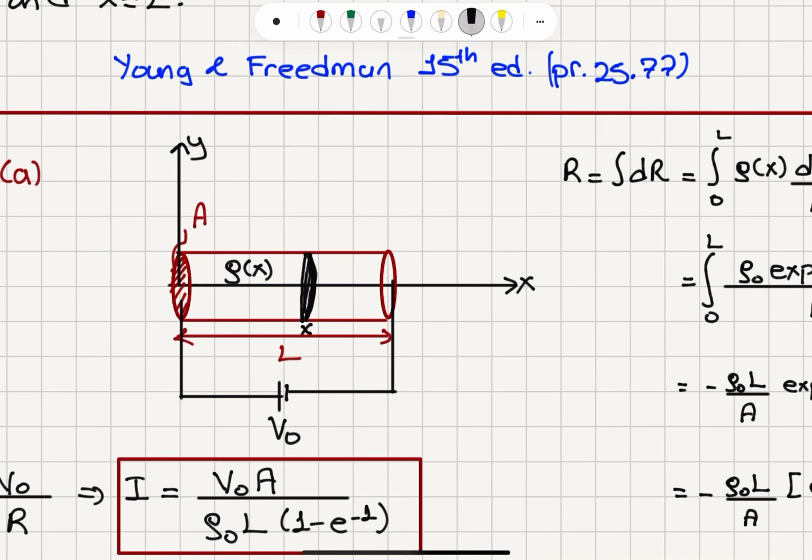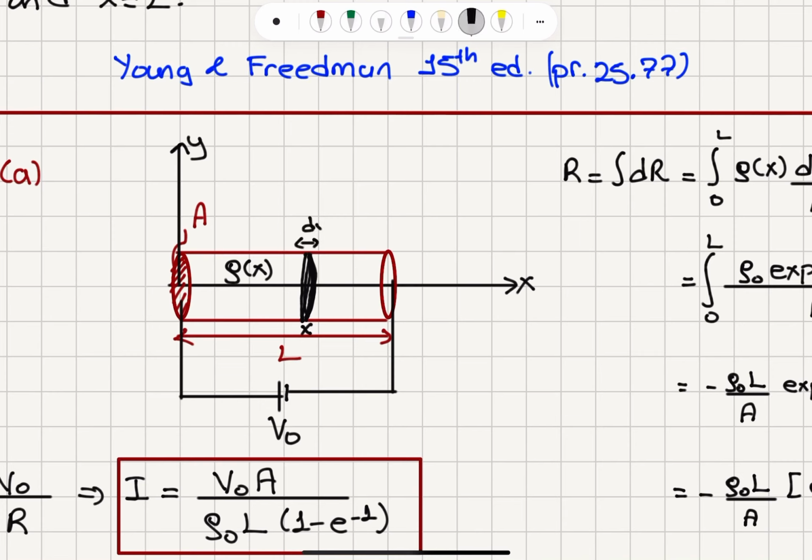This is basically the thickness of this portion dx. Rho dx over the cross-sectional area A. When I perform this integral between x equals 0 and L, I add up the contributions from each of these disks basically. I will find the final answer for the total resistance.